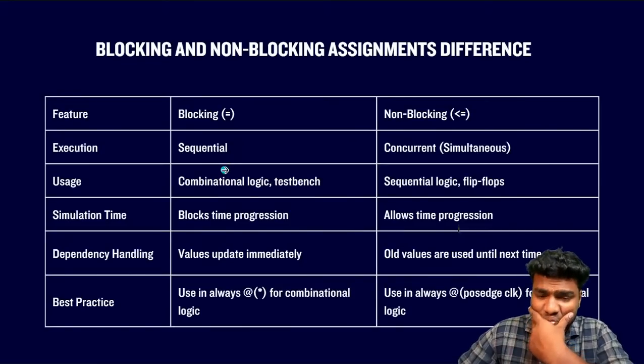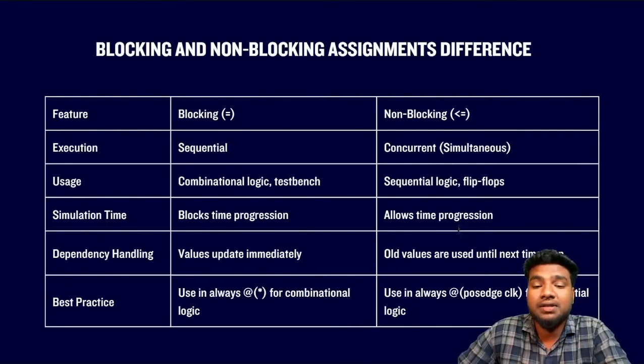Why do we use blocking assignments for combinational circuits? In a combinational circuit we don't have any trigger element. Trigger element means, in a sequential circuit you have the clock, the positive edge and negative edge of the clock, and based on the clock it moves to the next state.